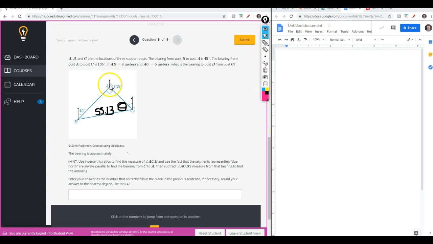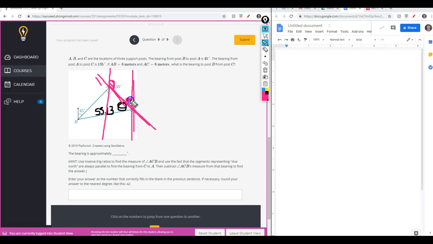Alright, so now let's look at this angle right here. Alright, so notice that due north and due north would be parallel lines, right? And this line right here is a transversal. So we know that we have 135 degrees right there, and I want to find this angle.